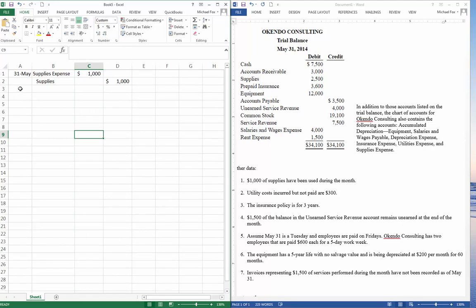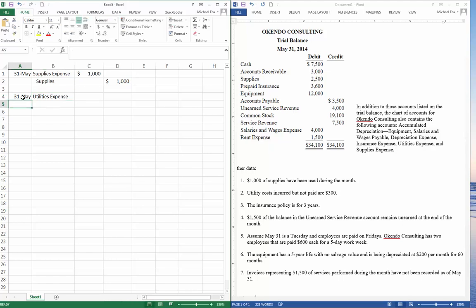Number two, and by the way, these will all be May 31st as their date because adjusting entries always occur at the end of the period. Utility costs incurred but not paid are $300. So incurred means you have earned the expense, so to speak. You've used utilities, you just haven't paid for them yet. So again, it's going to be an expense, right?